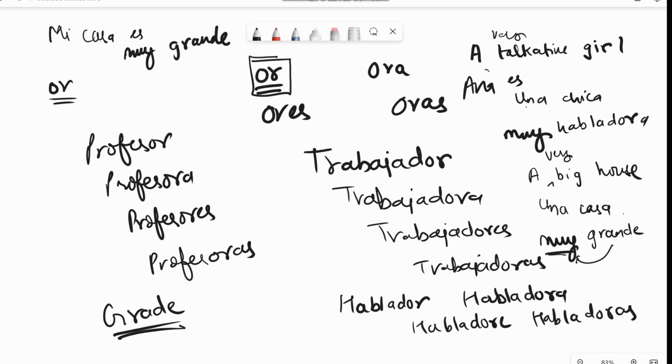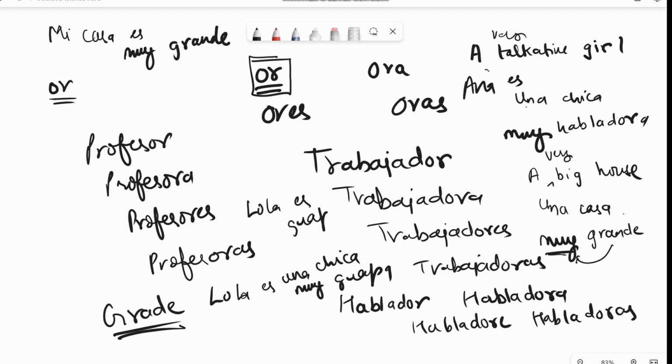If I wanted to say Lola is a very pretty girl, Lola es una chica muy guapa. If I just wanted to say Lola is pretty, Lola es guapa. If I wanted to say a pretty girl, una chica guapa. A very pretty girl, una chica muy guapa.